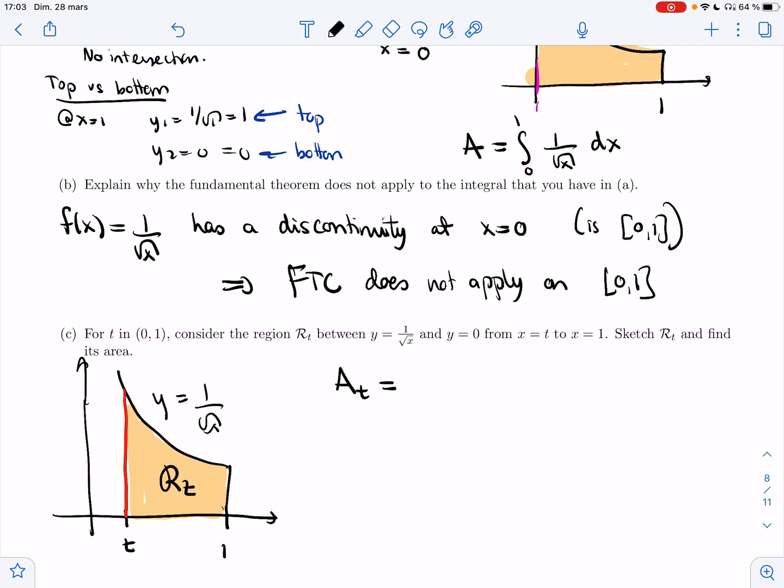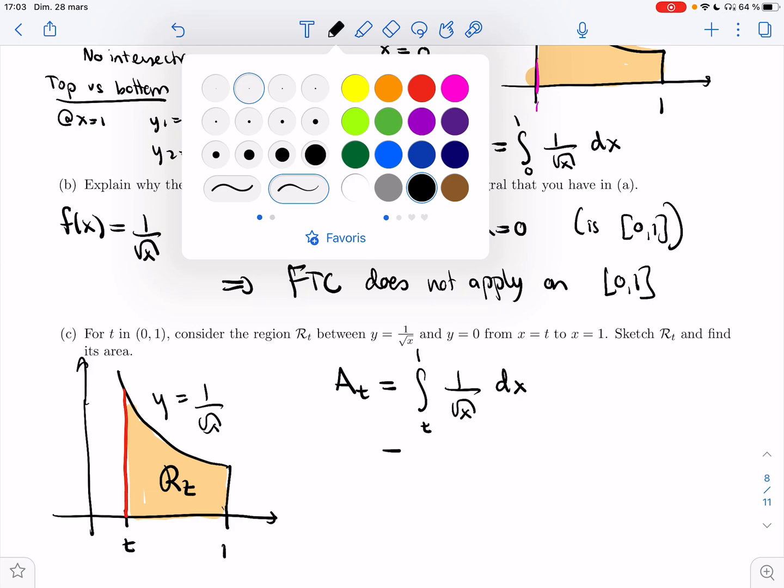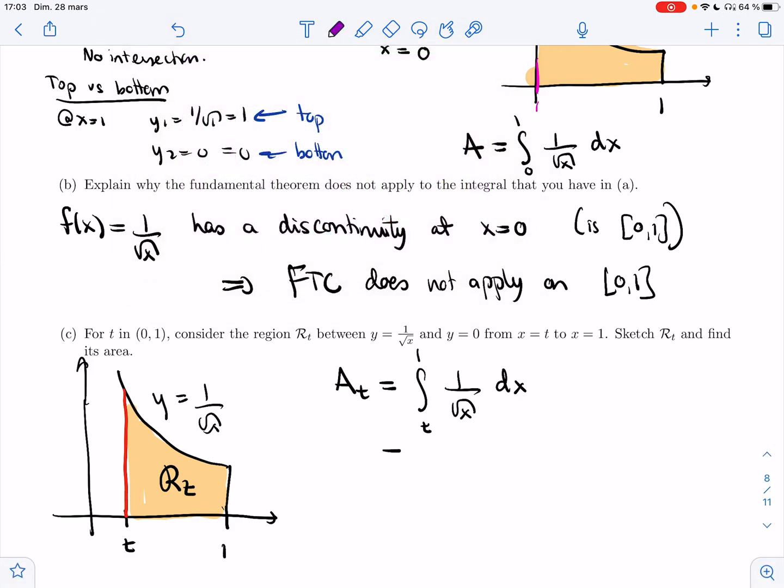So the area of this region is the integral from t to 1 of 1 over root of x, that's the top, minus 0, that's the bottom. And now I can use FTC. My interval doesn't contain 0, and so I can use FTC.